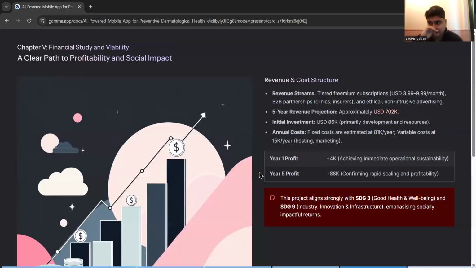So, starting with ethical advertising, the owner is responsible for health-related content, such as skincare education or sustainability commissions from brands that are trying to avoid any conflict of interest.